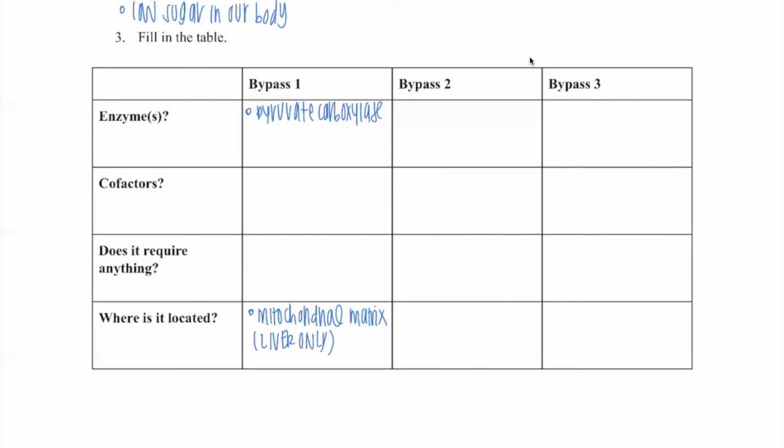So if you guys remember, the three things that pyruvate carboxylase needs are the ABCs, right? So does it require anything? Yes, it does. It requires ATP. Any cofactors? We have biotin and HCO3 minus. So A is going to stand for ATP or adenosine triphosphate.